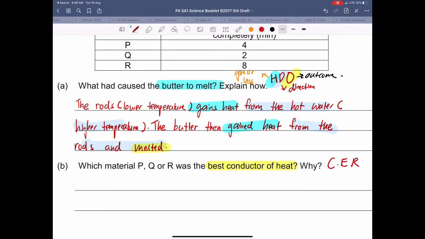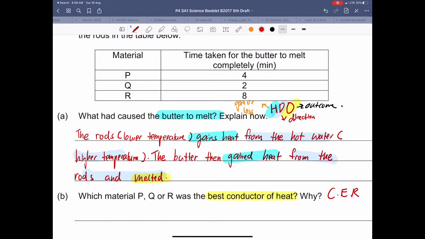So you can use CER to answer this. All right. Now, if you look at it, the answer should be Q, because the time that it took for the butter to melt completely is only 2 minutes. So in this case, it's one of those questions that the answer is an inverted one.